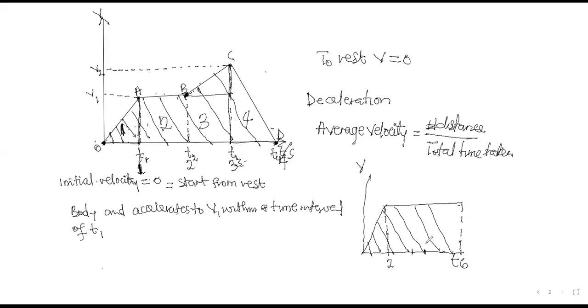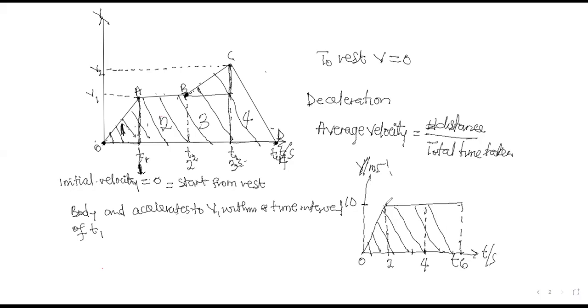So this is 2, meaning this is 0, this is 4, and this is 6. Now this velocity is maybe 10 meter per second, meaning our time axis must be in seconds. And I'm to calculate the total distance traveled.